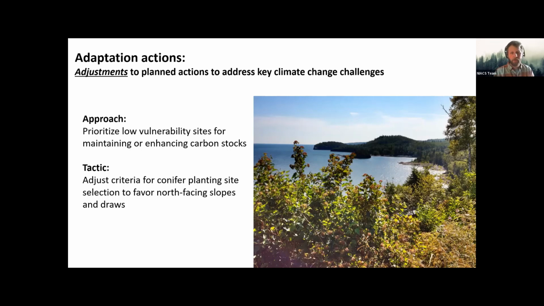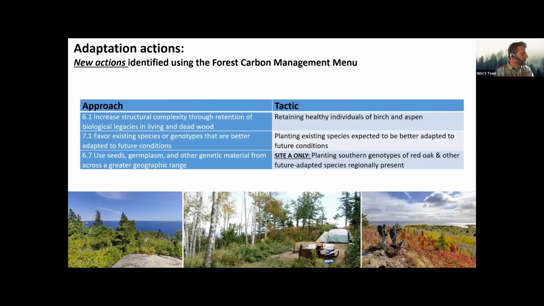And so they tweaked how they wanted to implement that by focusing on those lower vulnerability microsites, some of the north-facing slopes, some of the lower draws where cold air pools. They recognized those were the areas that probably were the best bet for reestablishing the conifers.